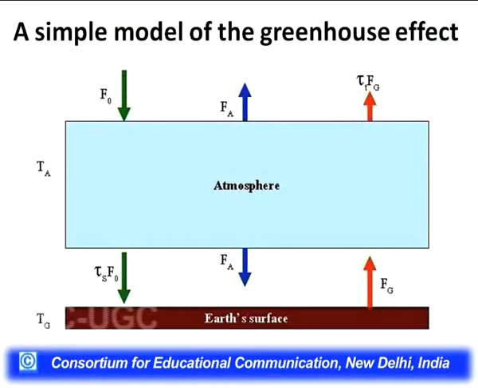This energy flux is represented by Fa. The atmosphere is emitting a flux of energy Fa in both directions, upward towards space and downward towards the earth's surface.